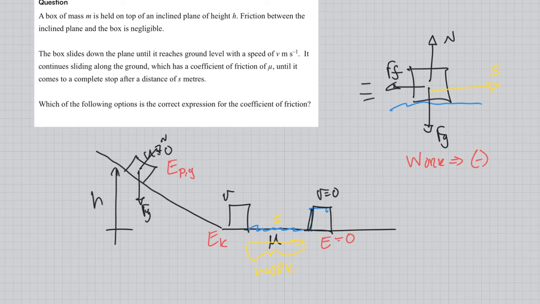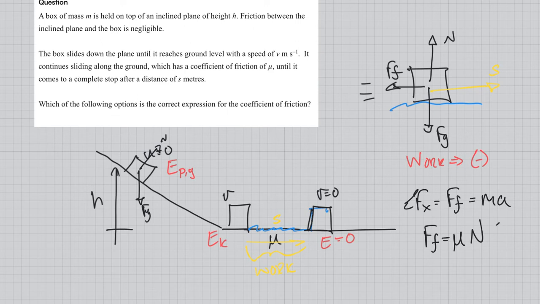If we're trying to find the coefficient of friction, we first need to understand that the sum of the forces in the x direction is simply going to be my frictional force equals mass times acceleration. Remember, frictional force is going to be my coefficient of friction multiplied by my normal force.